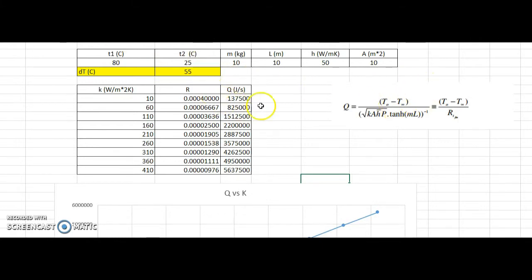Next, we calculate Q, temperature difference divided by R, so we get about 137500 joule per second.